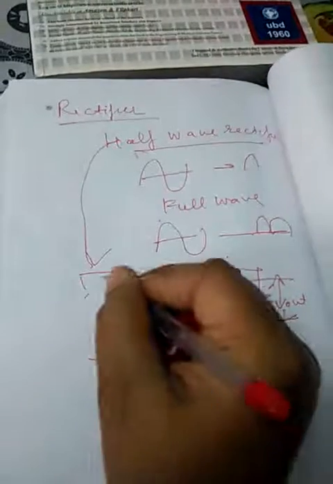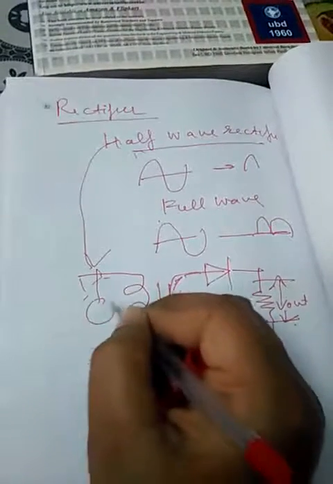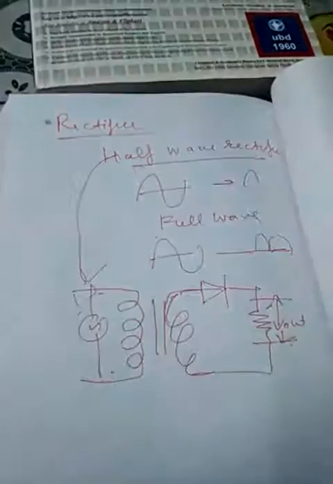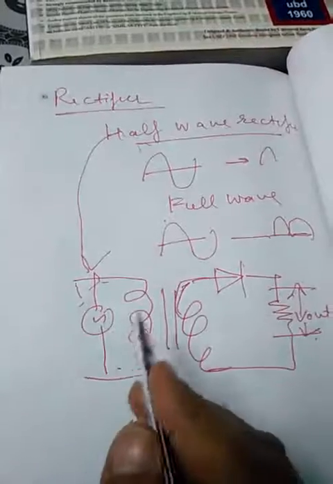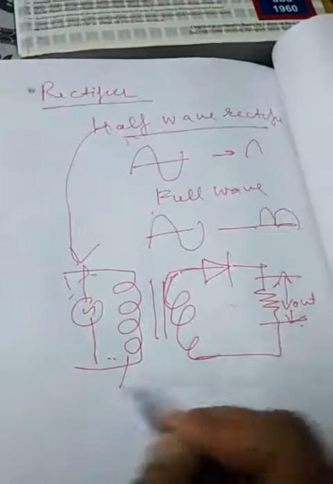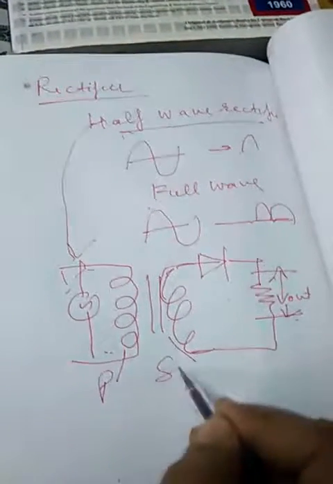This is the supply which is given to the transformer. The transformer basically transfers the supply from one part to another. This is the primary part, and this is the secondary part of the transformer.